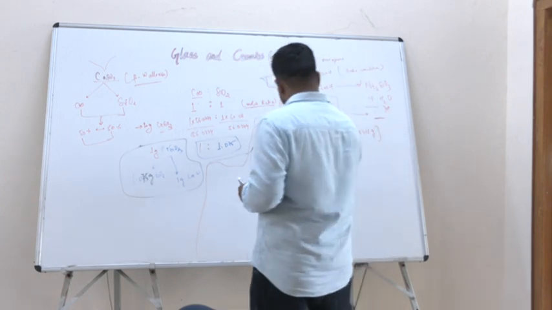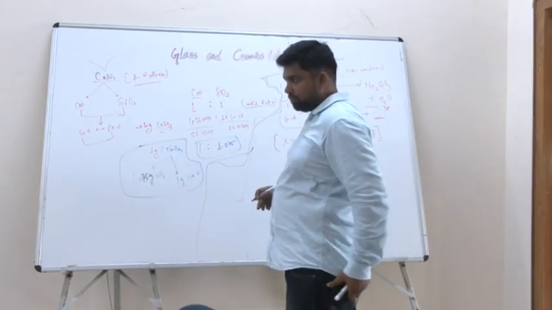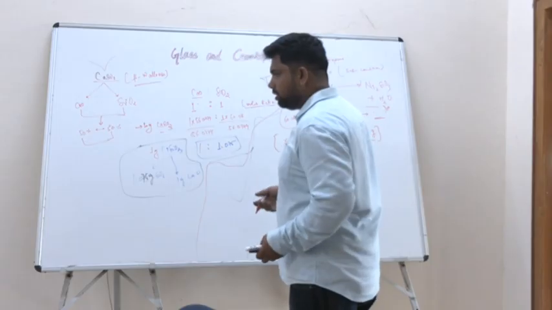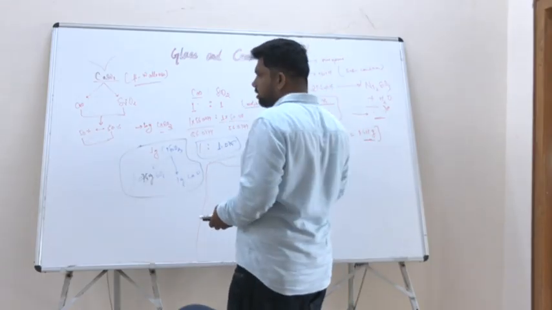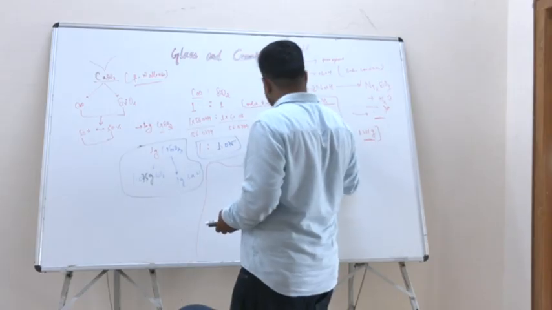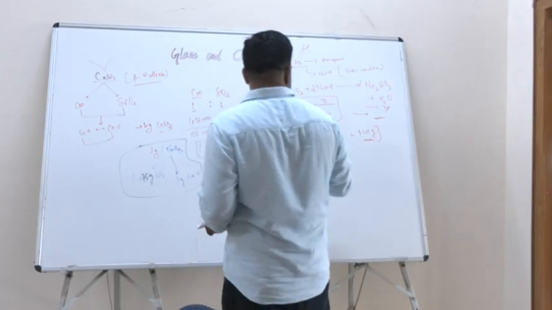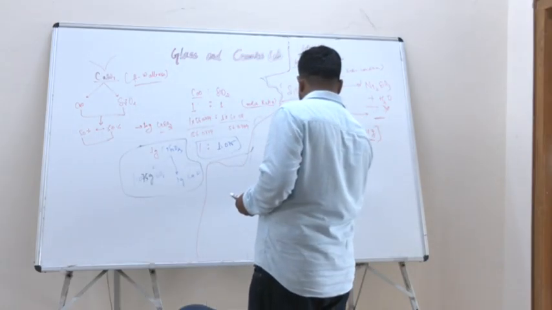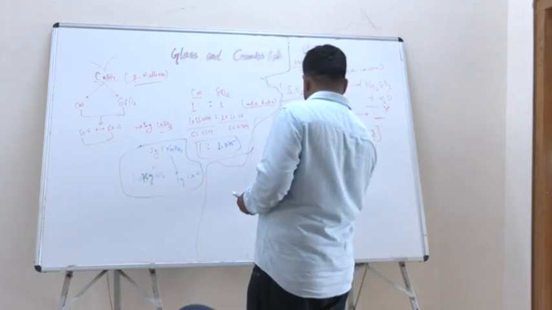But our solution is present in liquid form. This is not liquid, this is solid, so we need liquid. One thing you can do is divide it by density. Or another way is we can calculate the number of moles, mass over molecular mass.